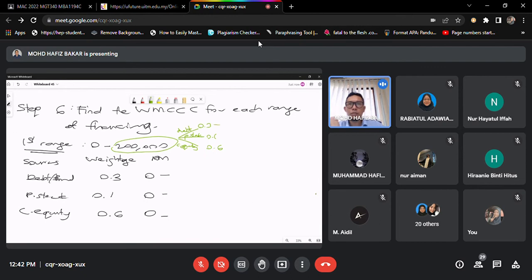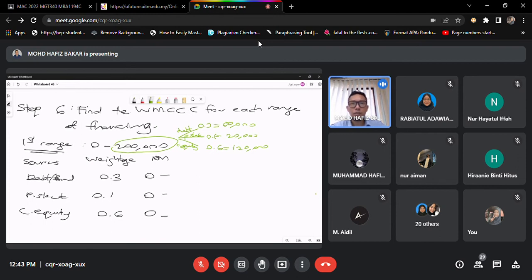Okay, so kita times 200,000 times 0.3, 60,000. Preferred stock 0.1 times 200,000 equivalent to 20,000, and 0.6 times 200,000 equivalent to 120,000. So this amount you need to include here.